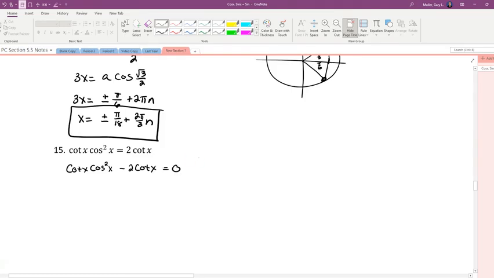There's a cotangent in both terms, so I'm going to see about factoring that out since it equals 0. That gives me cosine squared x minus 2 equals 0. So cotangent of x has to equal 0, or cosine squared x minus 2 has to equal 0.